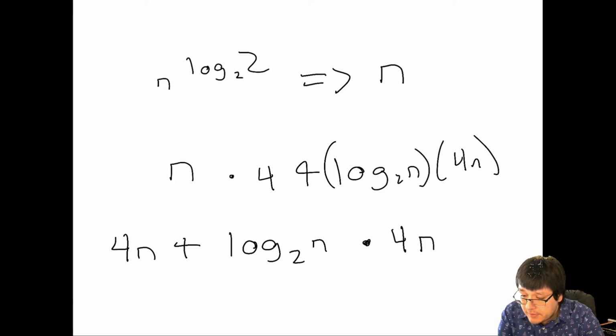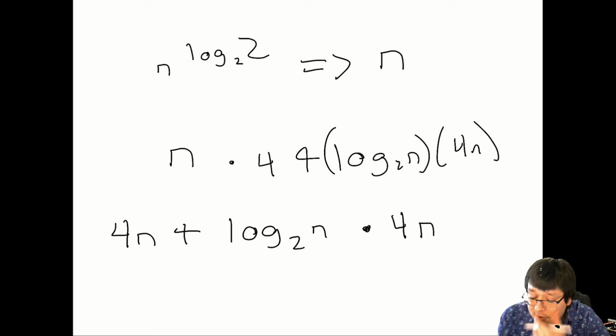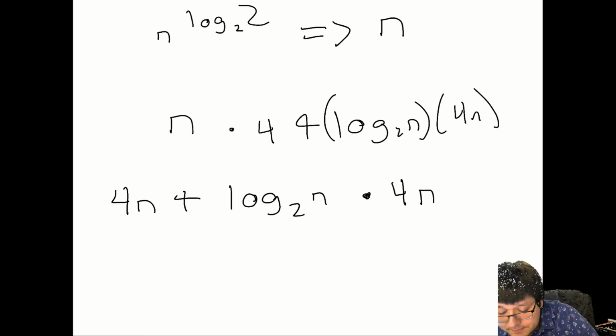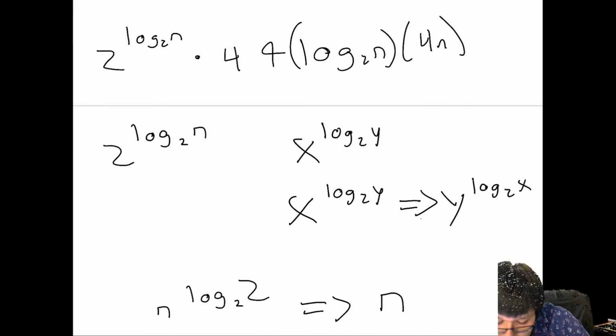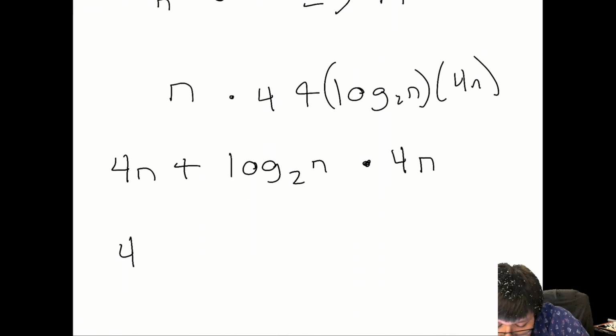there's a couple of things that you could do to simplify it. For example, you could take out the 4. Oh wait, there's no plus here. It's a multiplication, isn't it? Oh no, it is a plus, right? Yeah, it's a plus. So let me write it in a nicer looking way.